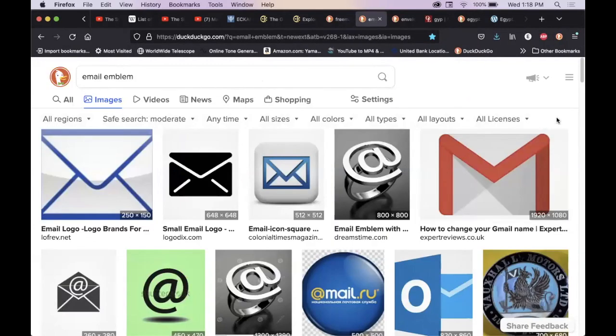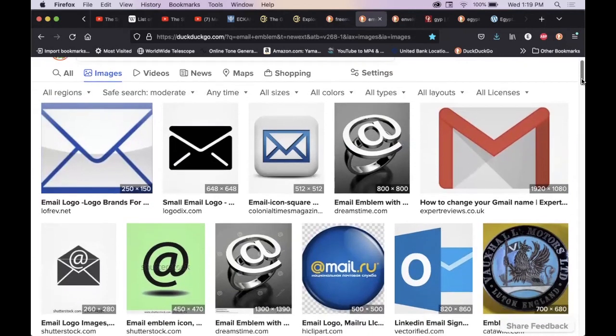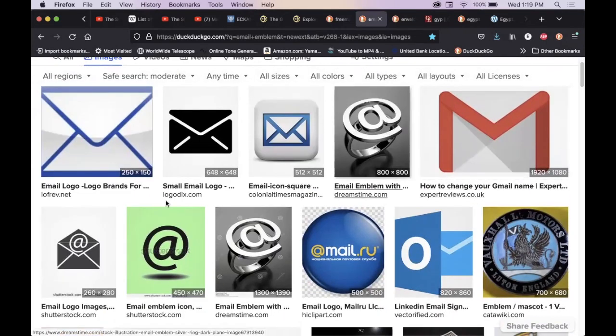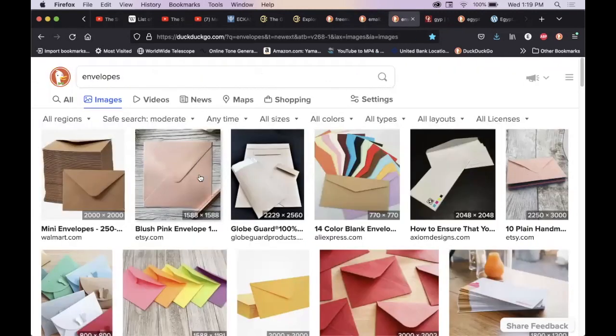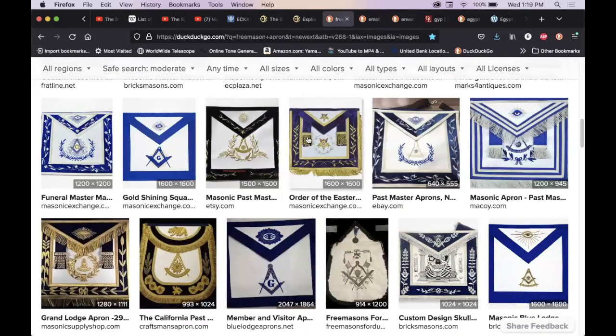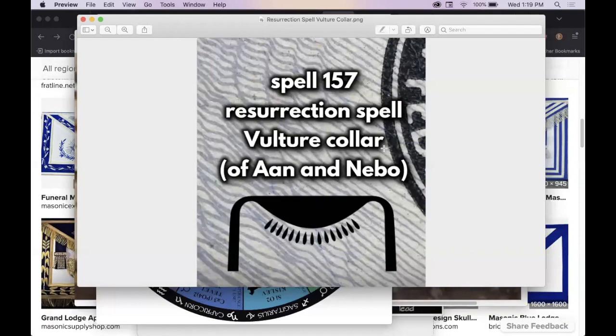Well, we've seen it here in this email symbol to send mail. And it's also, of course, on our envelopes. Why do our envelopes have to have this shape? Why? It could be just about any shape. It could be anything else. But it's this, because it's also implying that they're using magic for resurrection of On and Nebo.